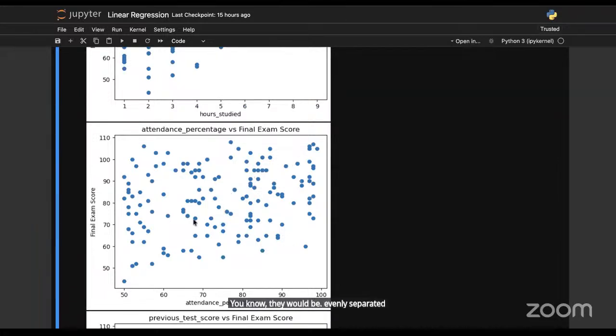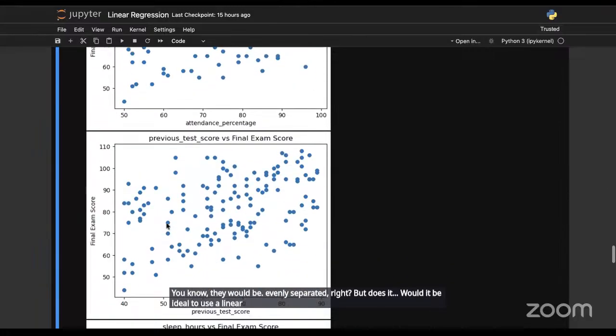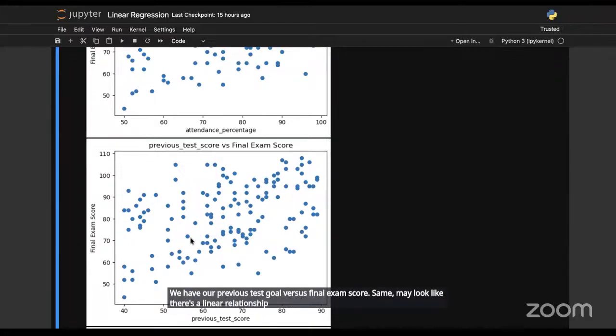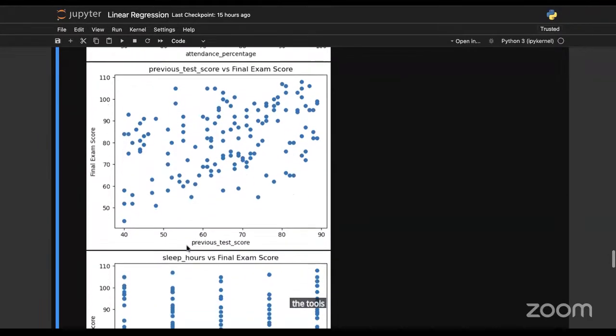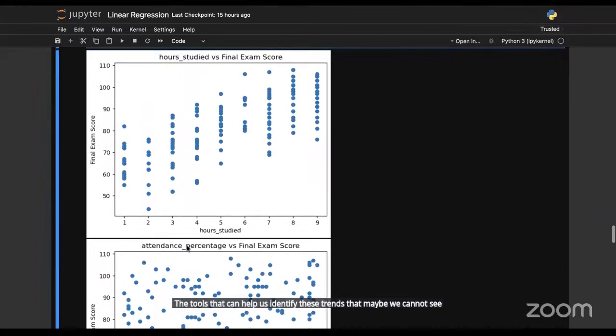But would it be ideal to use a linear relationship? We have our previous test score versus final exam score. It may look like there's a linear relationship, sort of does, honestly, but I can't just trust my eyes. We have the tools that can help us identify these trends that maybe we cannot see with the naked eye.